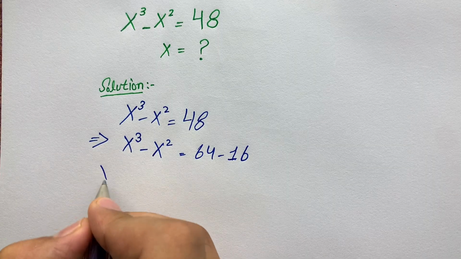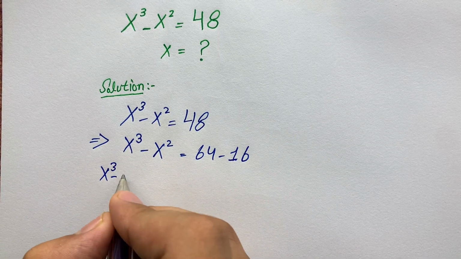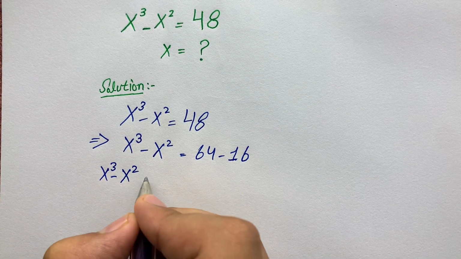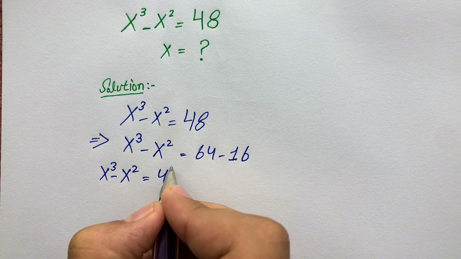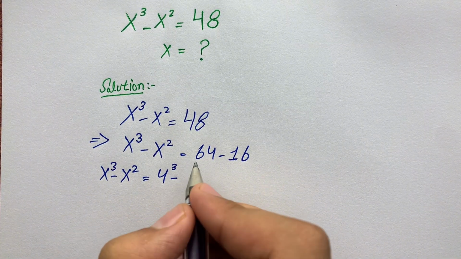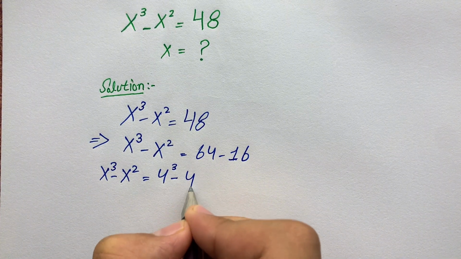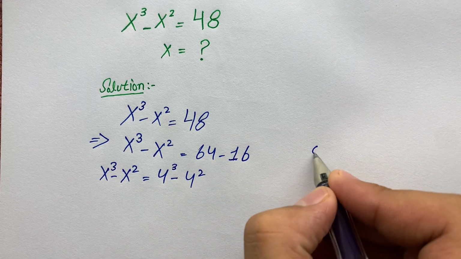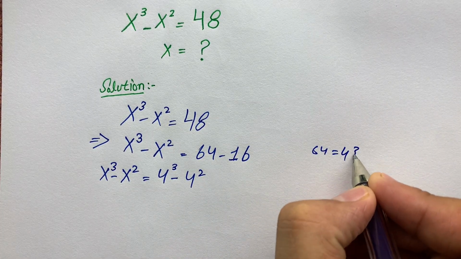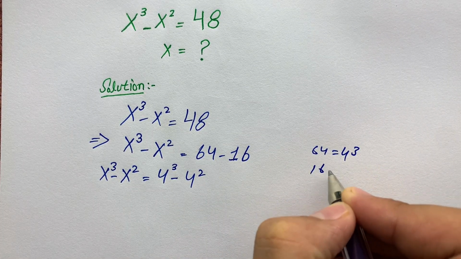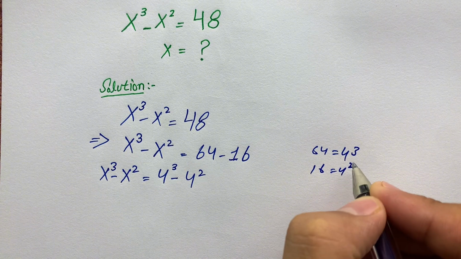In the next step, this will be x^3 - x^2 = 4^3 - 4^2, because 64 is equal to 4^3 and 16 is equal to 4^2.